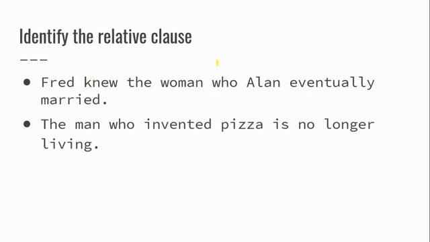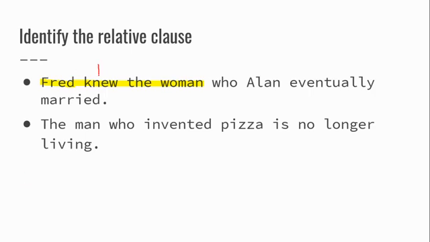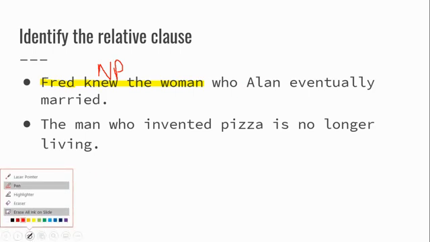So first we have: Fred knew the woman who Alan eventually married. Fred is the beginning of our noun phrase, and Fred knew the woman is the rest of our noun phrase. Then we have this next little bit that says who Alan eventually married.